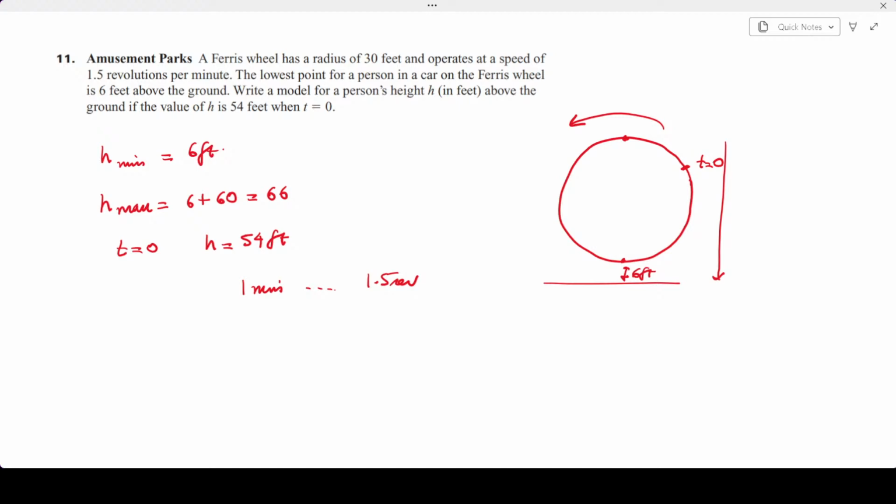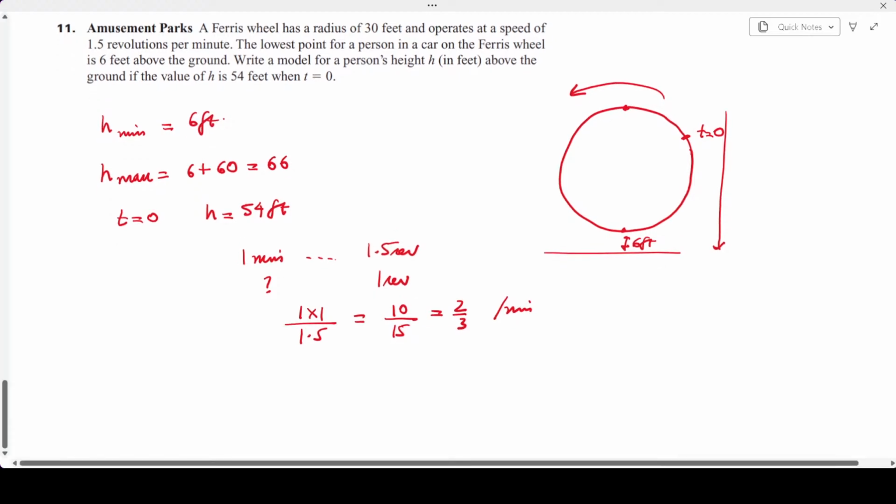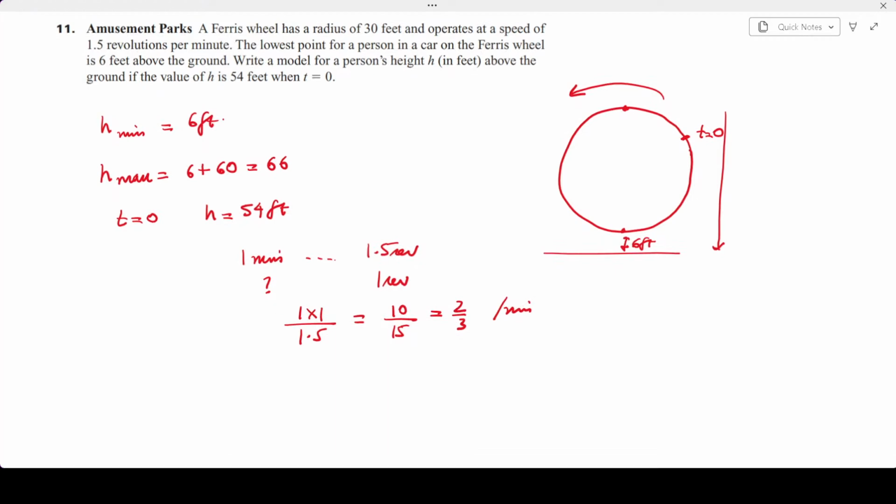So one revolution is how many minutes? 1 divided by 1.5, that's 10 over 15, which is 2 over 3. That's the period, 2 over 3 minutes.